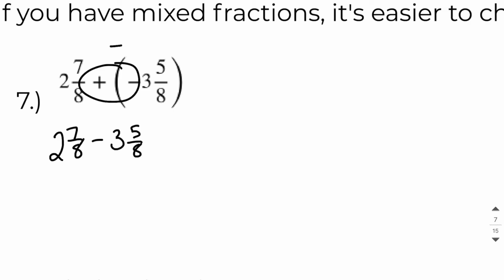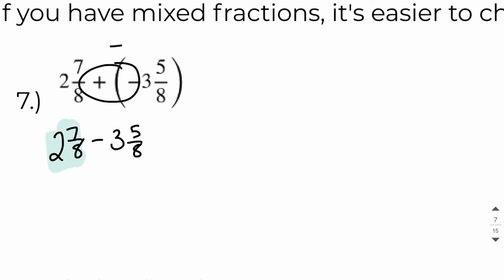Now, the reason why we want to make it an improper fraction is because this whole thing is being subtracted. So the minus sign applies to the 3 and to the 5/8, and that can get confusing sometimes. So sometimes it's easier to just change it to a single improper fraction, and then we're good to go. So right here, what does 2 and 7/8 mean?